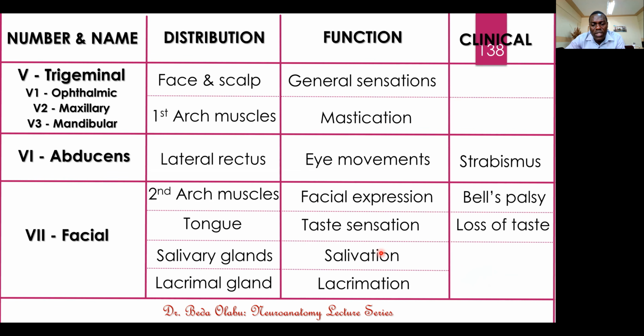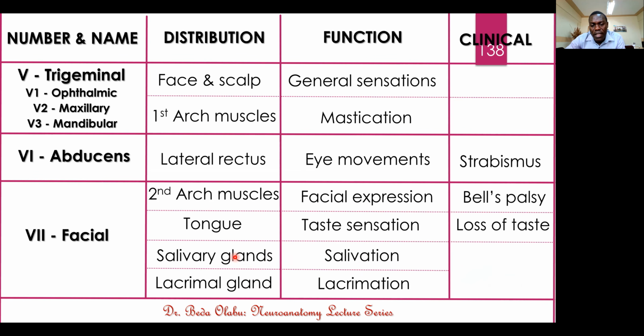But there's something else I want to mention with regard to these two functions of the facial nerve. Suppose facial nerve is injured, and by good luck, the axons regenerate. So that's good luck.